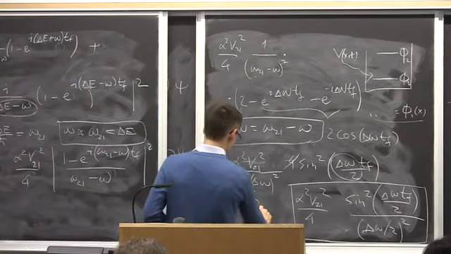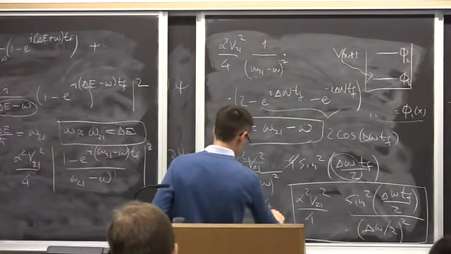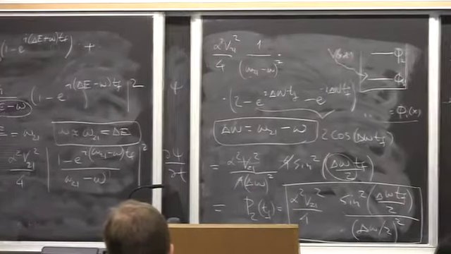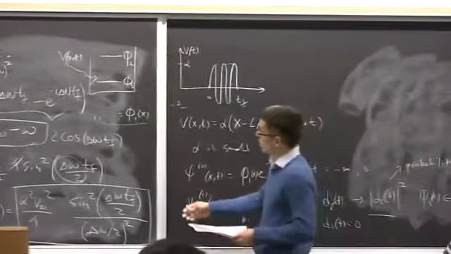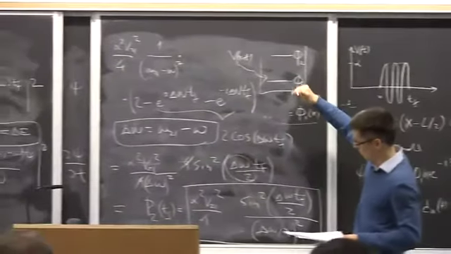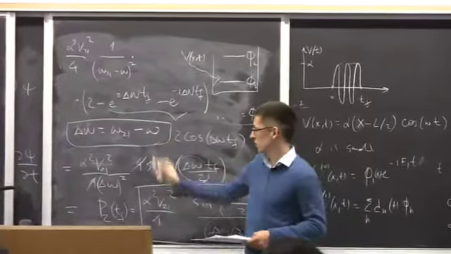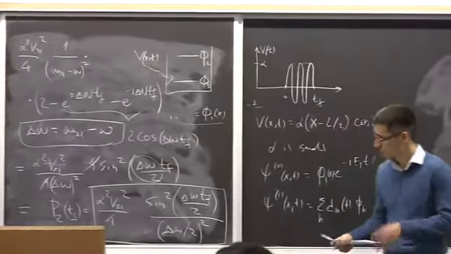This is our probability to find our system in the second state, or first excited state, after pulsing it with light of frequency omega. Okay?